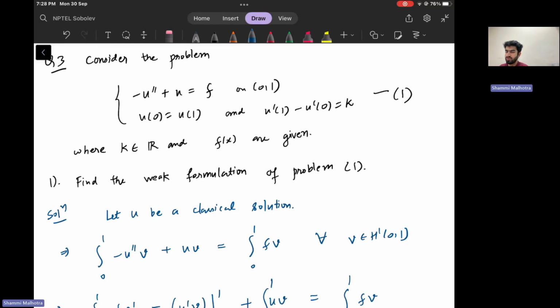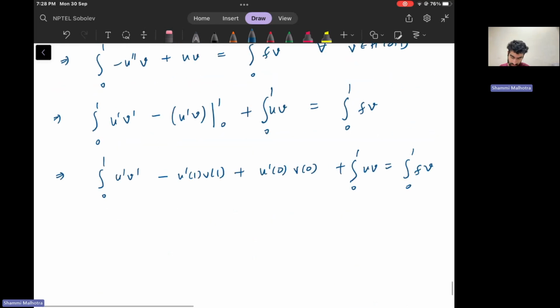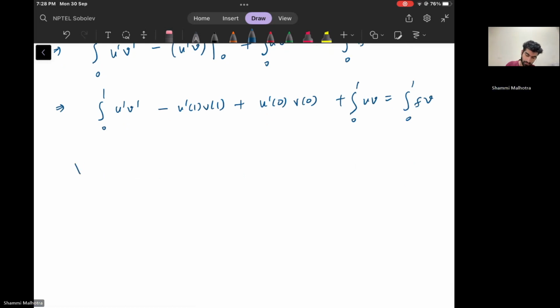We are not able to get this in the formulation, because we are only able to handle u dash 1 and u dash 0. So somehow we have to incorporate u1 and u0 being equal in the space itself. So we take all those v in H1 0 1 such that v0 equals v1. We are not able to handle this with just the formulation, so we have to add it on.